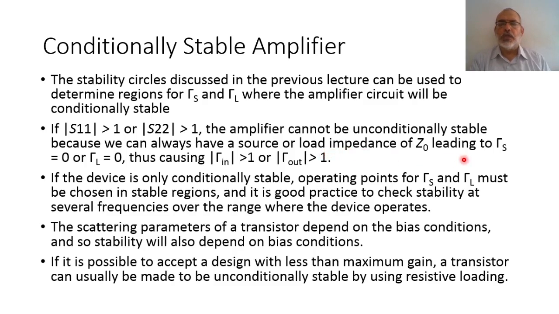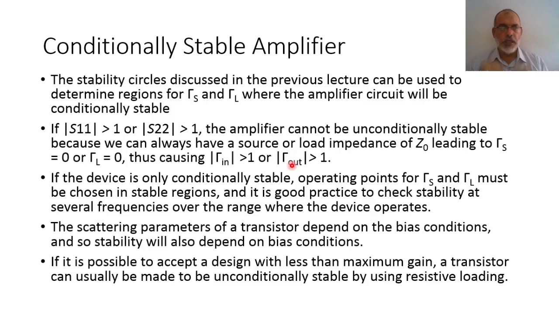If we are using gamma source equals 0 or gamma load equals 0, this will cause gamma input to be the magnitude of S11, which is greater than unity, or S22, which is greater than unity. So if S11 is greater than unity or S22 is greater than unity, this amplifier is conditionally stable. We cannot make this amplifier unconditionally stable.